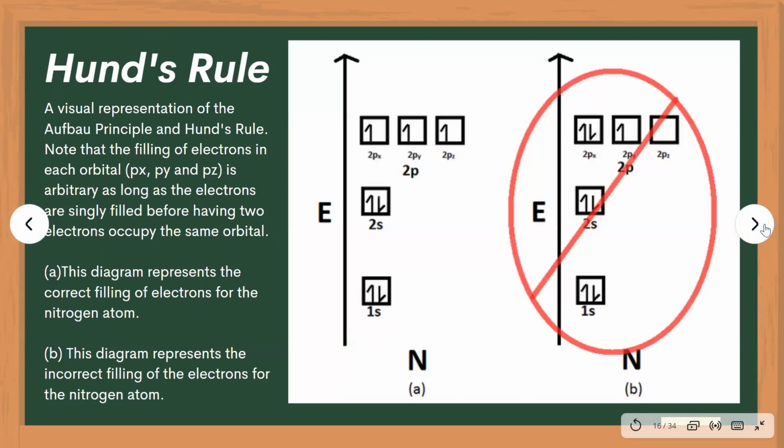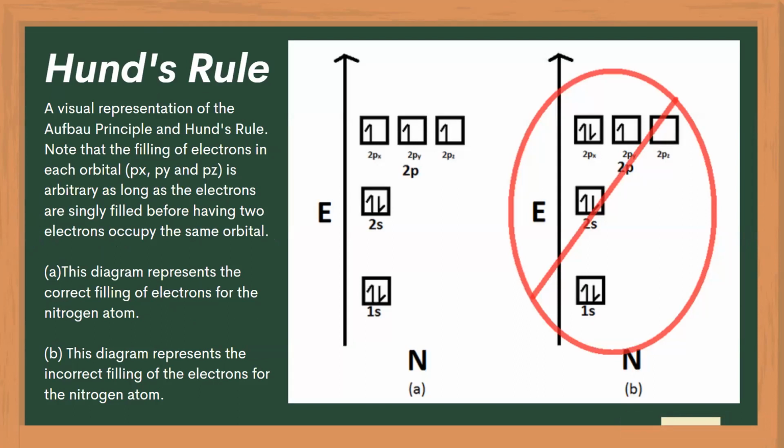So this is a visual representation of the Aufbau principle and Hund's rule. Note that the filling of electrons in each orbital is arbitrary as long as the electrons are singly filled before having two electrons occupy the same orbital. The first diagram represents the correct filling of electrons for the nitrogen atom, and the second diagram represents the incorrect filling.